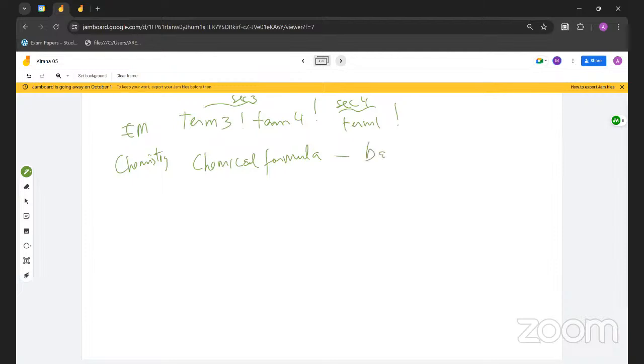And then you will have balancing, right? You have balancing. And then you have mole, and then acid and base, whatever. Starting right now, all the topics are linked. If you're not good at chemical formula, it'll totally affect the balancing part. And then the balancing part will affect the mole part, and it continues.